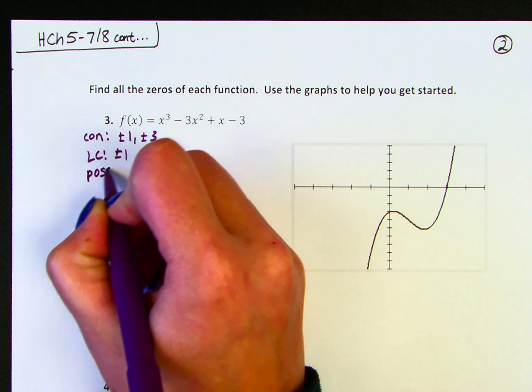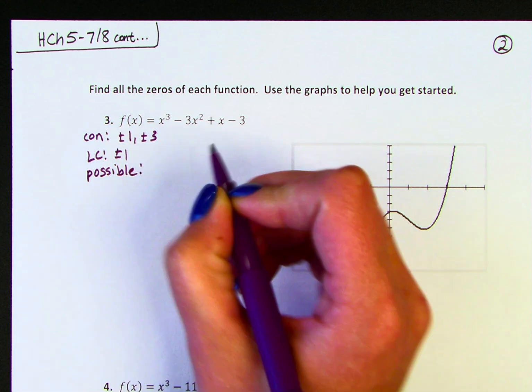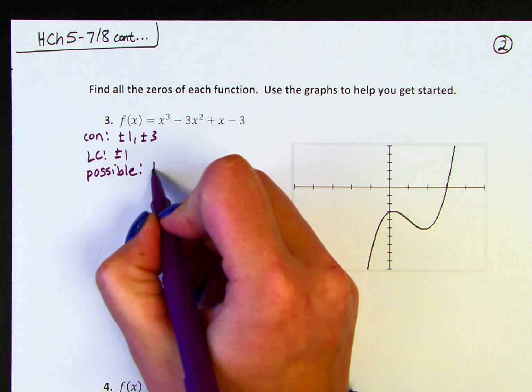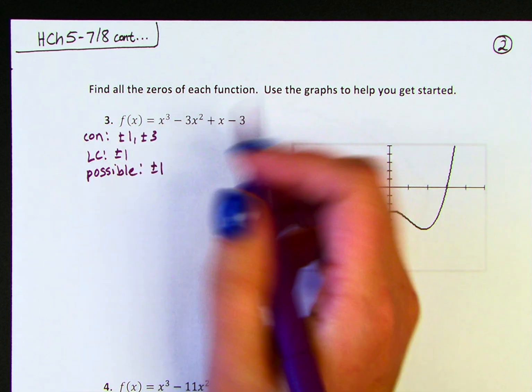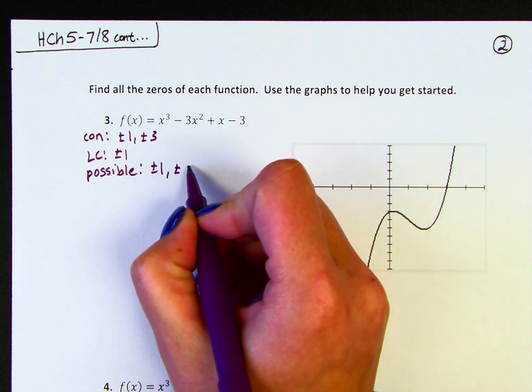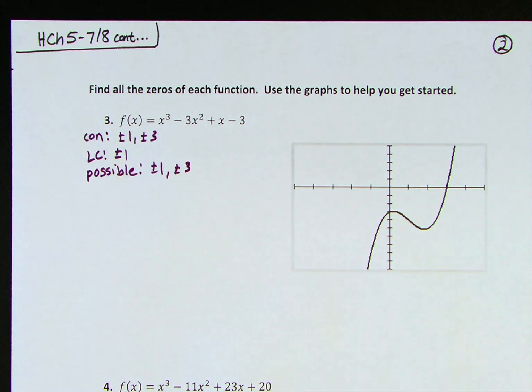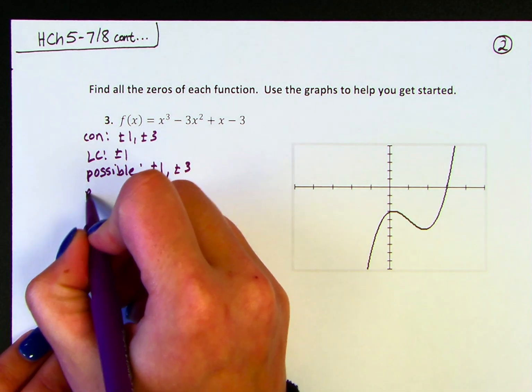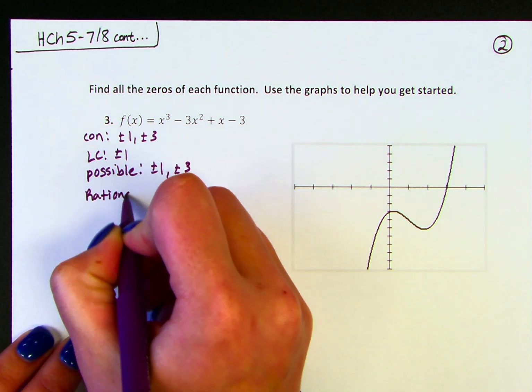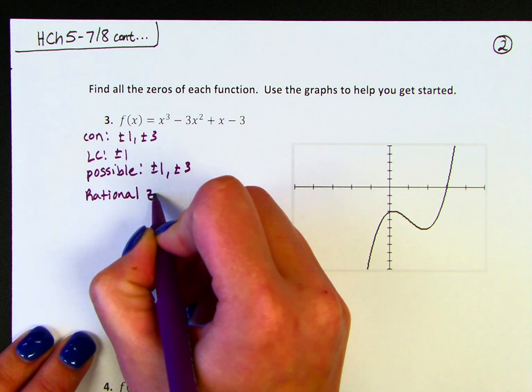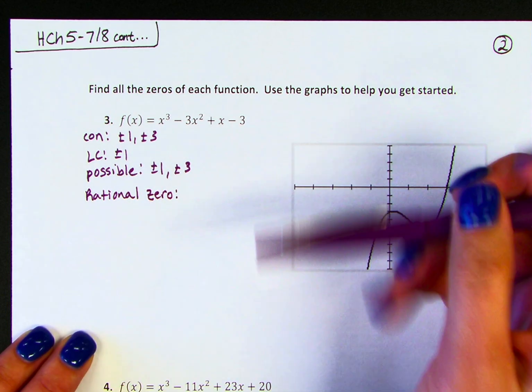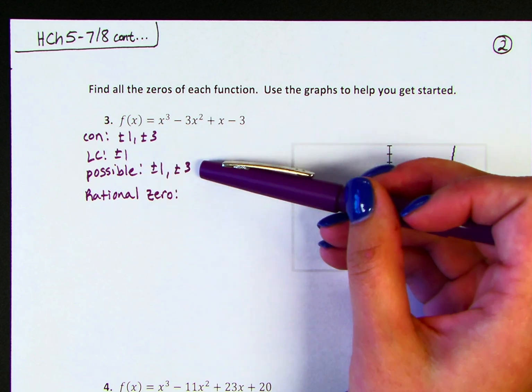And then our possible answers: 1 divided by 1 is 1, and 3 divided by 1 is 3. And then again, I need to include that plus minus to account for the negatives. So if we have a rational answer, it has to be from this list right here.